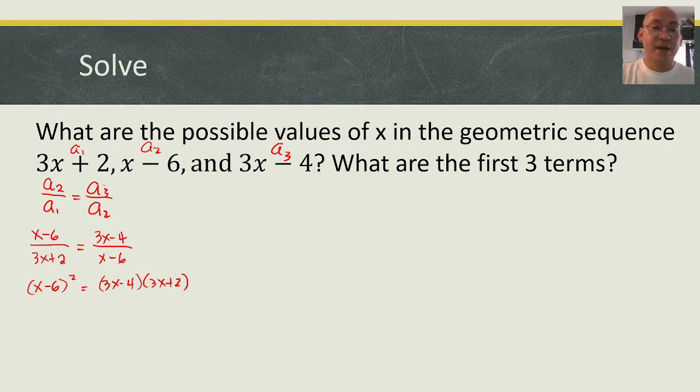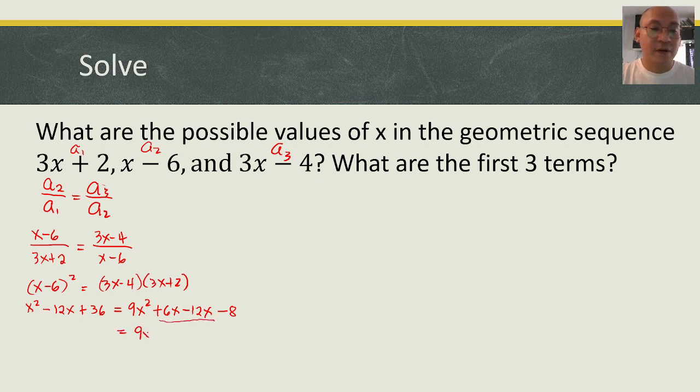So let us simplify these expressions. So x minus 6 squared will give us x squared minus 12x plus 36. And this one, using the FOIL method, we have 9x squared plus 6x minus 12x minus 8. So let us simplify these similar terms.